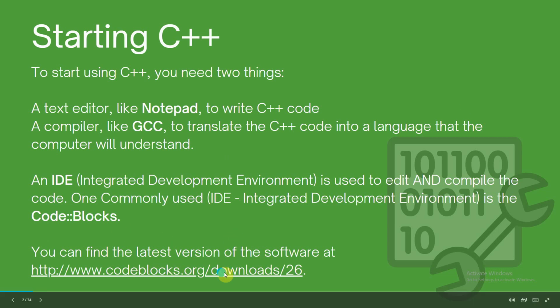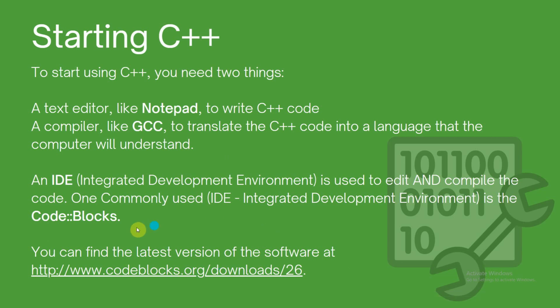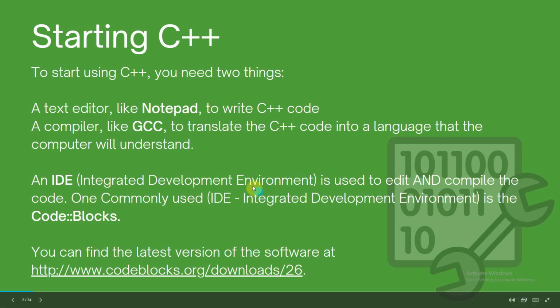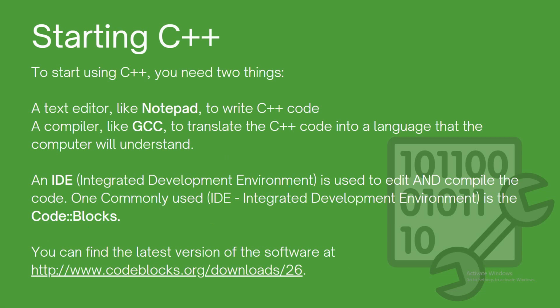So this is the website for Code::Blocks, wherein you can download the latest version of the software. There are also several other softwares with the same IDE setup which you can use, but this is one of the preferred softwares for coding and running C++ code.